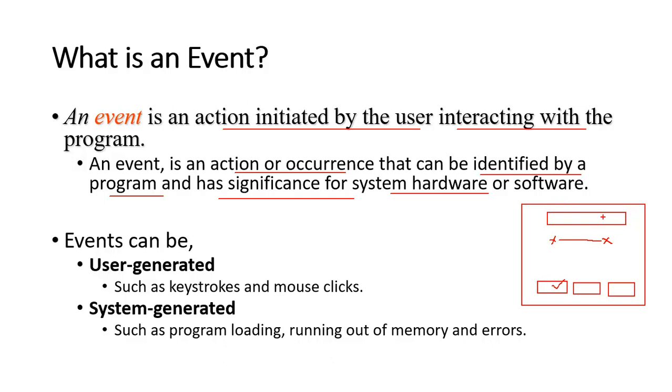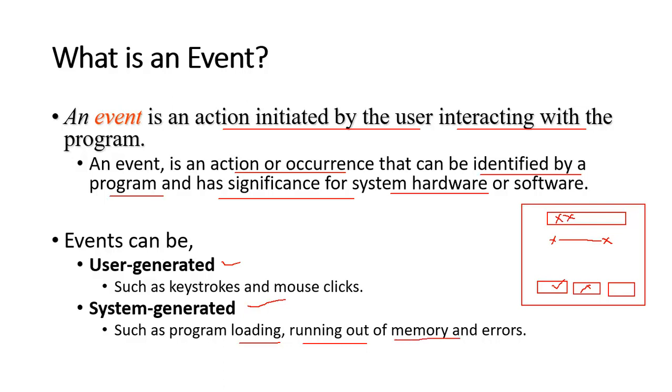Now, which are those actions which can be treated as event? So, event can be user generated, like typing something on a text box, clicking at some place within your application, or an event could be system generated, like loading your program, running your program, or your program has terminated.